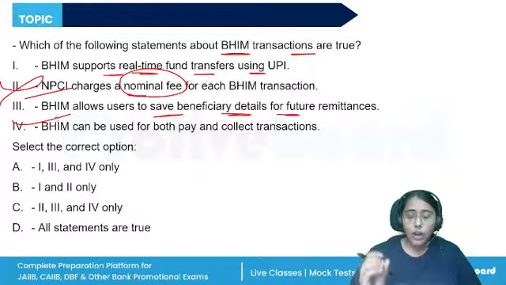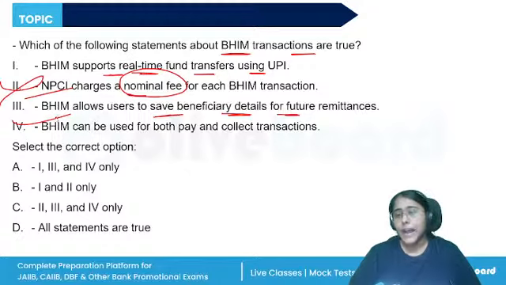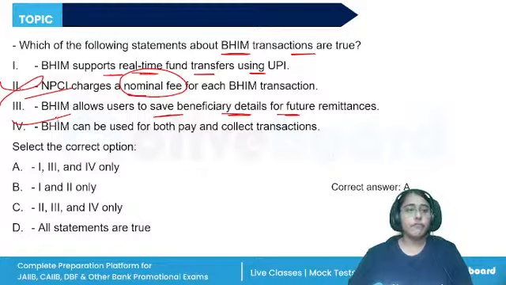The user will download the app and use the Bheem app. All right. Using the VPA, mobile number, or the Aadhaar number, I can spend up to 20,000 per transaction, maximum of 40,000 per day for one account. All right. So these are the features of the Bheem application. 1, 3, and 4 is correct.